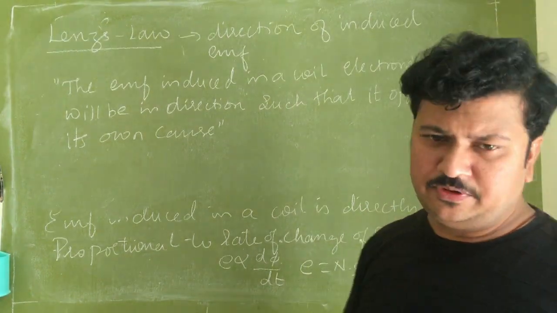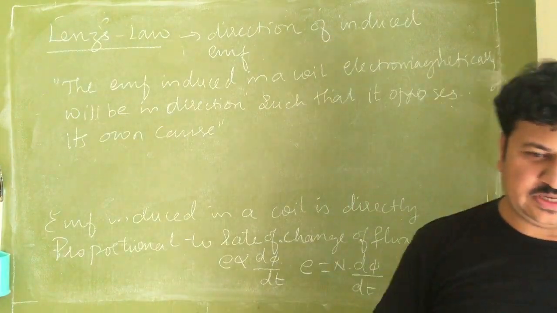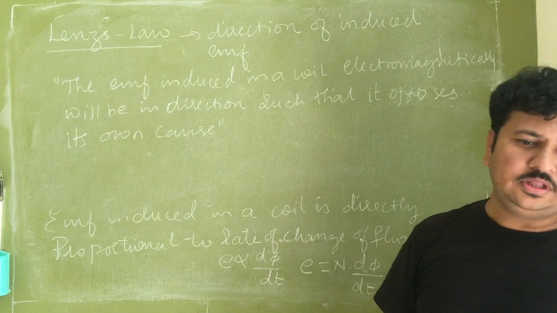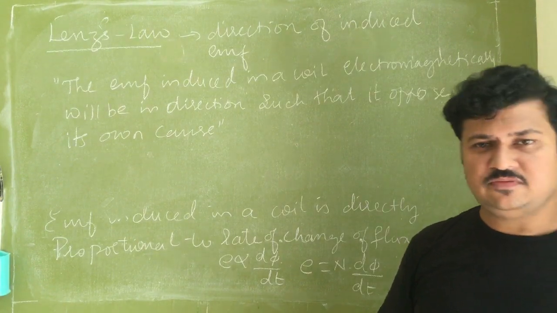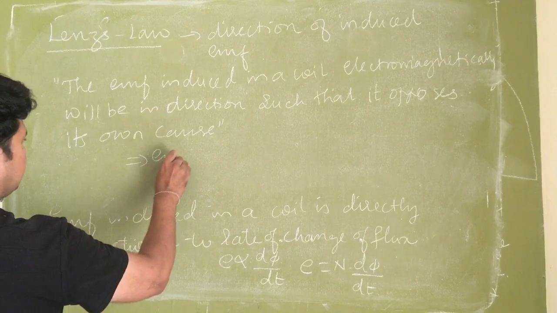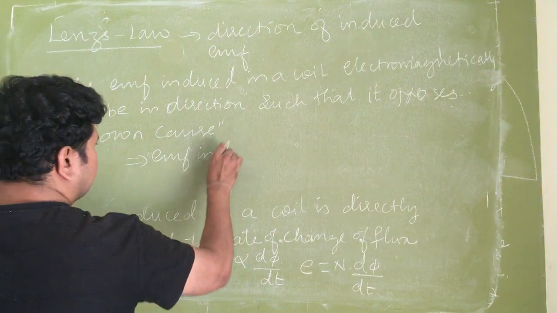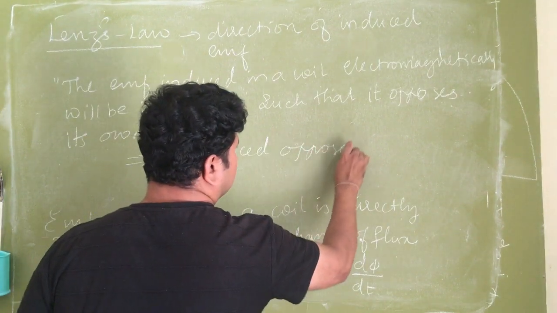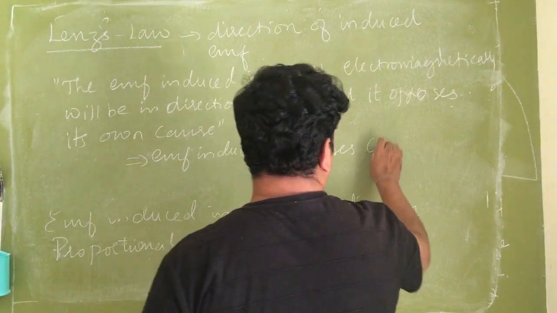What is the cause of induced EMF? The change in flux. Not only the flux, not only the linkage, but the change in flux. So the induced EMF opposes the change in flux.